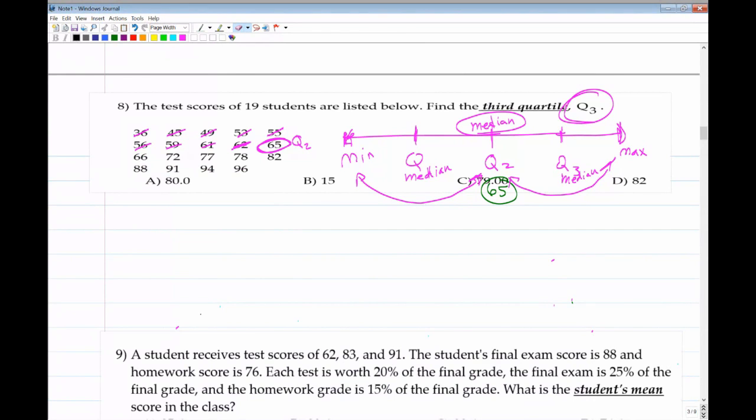So I could now list them in front of me so I could see what I'm dealing with. So we have 66, 72, 77, 78, 82, 88, 91, 94, and 96. That is the numbers between Q2 and the maximum number.